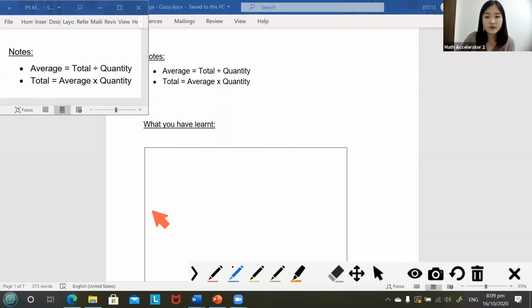Over here, you have a box that you can write down whatever you learned during the lesson, in case you are afraid you'll forget.